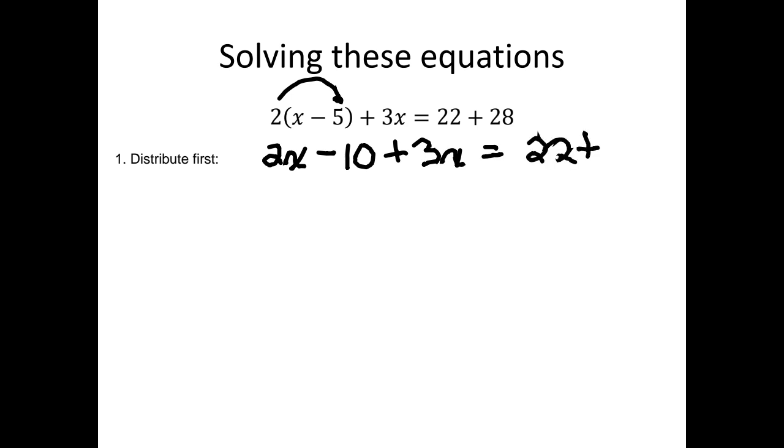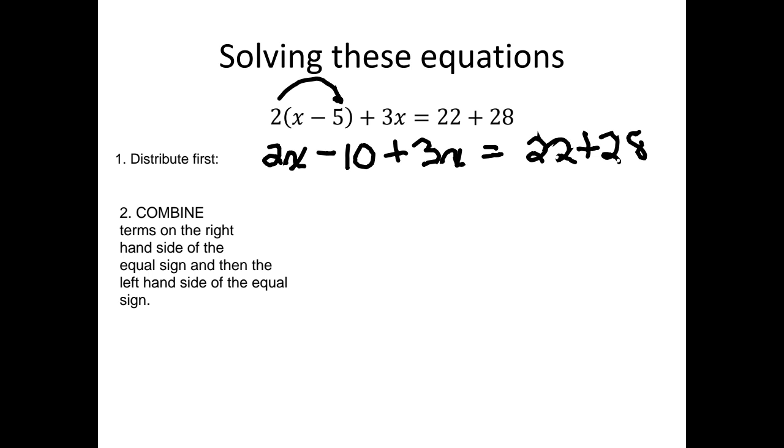My second step is to combine terms on the right-hand side of the equal sign and then the left-hand side of the equal sign. Well, let's look and see what we got here. The left side is 2x and 3x.